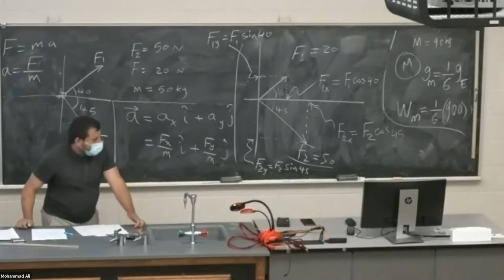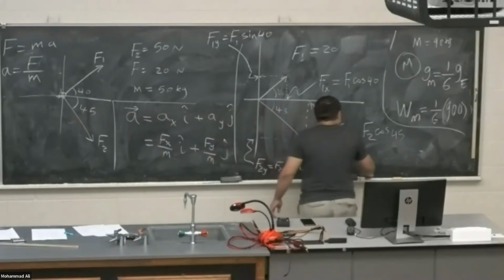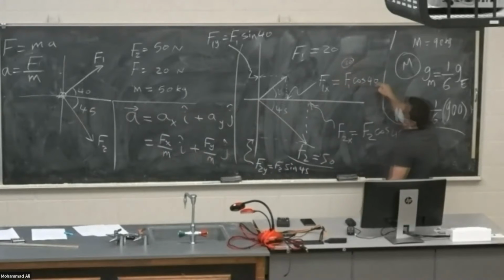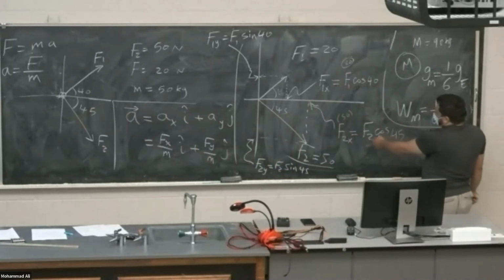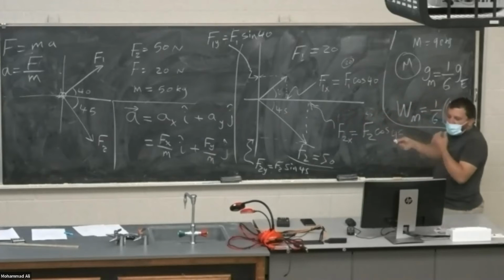Now, what is Fx, Fy? I need just to put, this is 20 cosine 40 by the calculator. F2, it is 50. And here, 50. I can compute everything now.